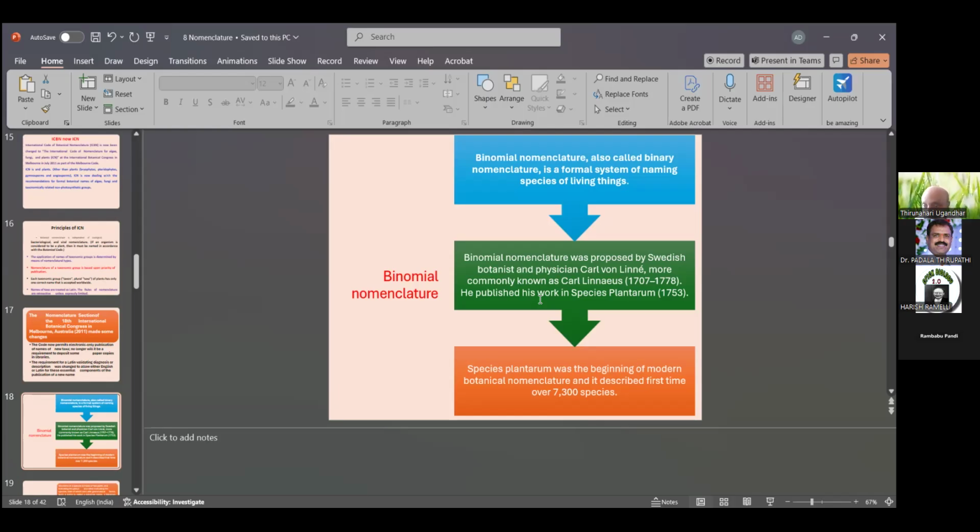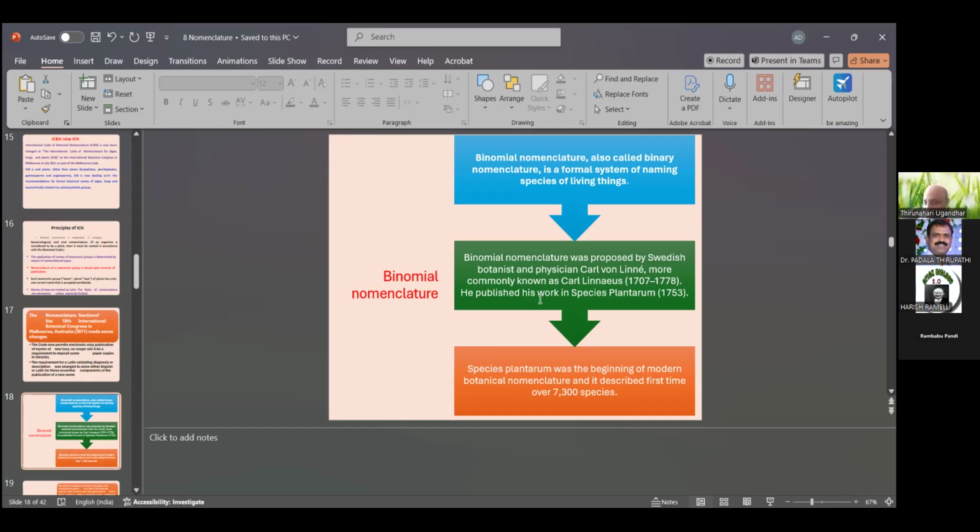Binomial nomenclature was proposed by the Swedish botanist and physician Carl von Linnaeus. Before that, Gaspard Bauhin was the first scientist to report binomial nomenclature. Linnaeus followed Bauhin's nomenclature and also wrote the book Systema Naturae.